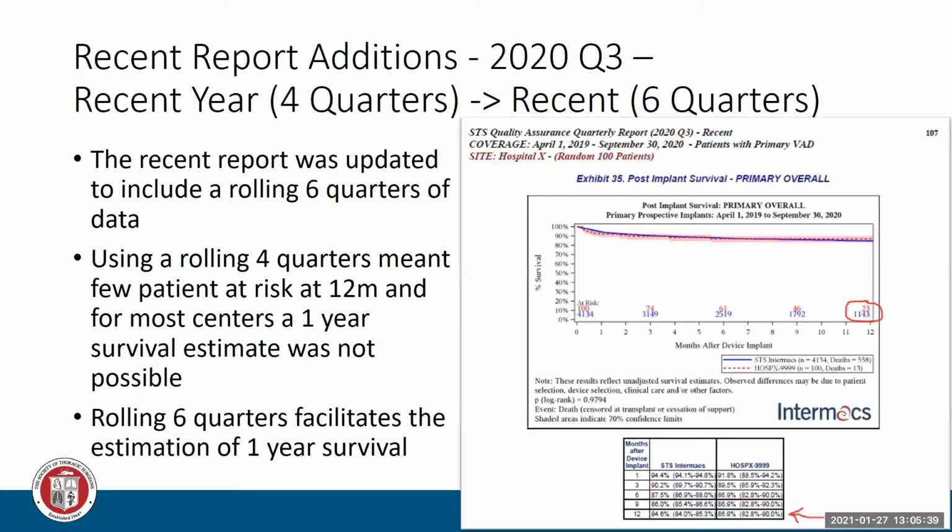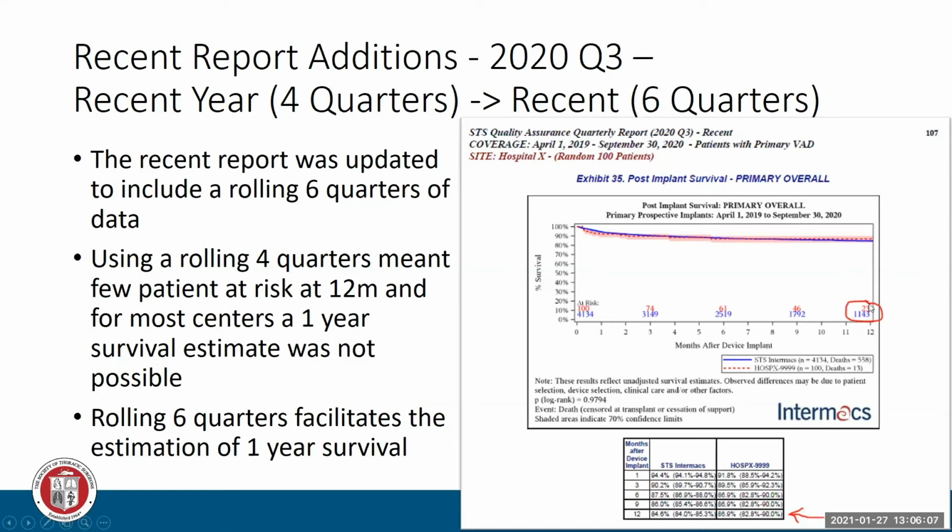So one of the big changes we made in the Q3 reports is we shifted the recent year report from 4 quarters to 6 quarters. And we had a couple people ask, well, why did we do this? So I just wanted to walk through our thinking and why we did that. When we used a rolling 4 quarters, very few patients were actually at risk right at the change of the year at 12 months at risk.